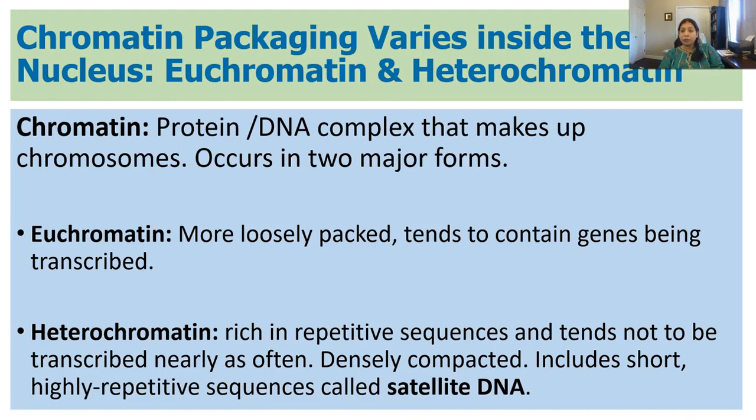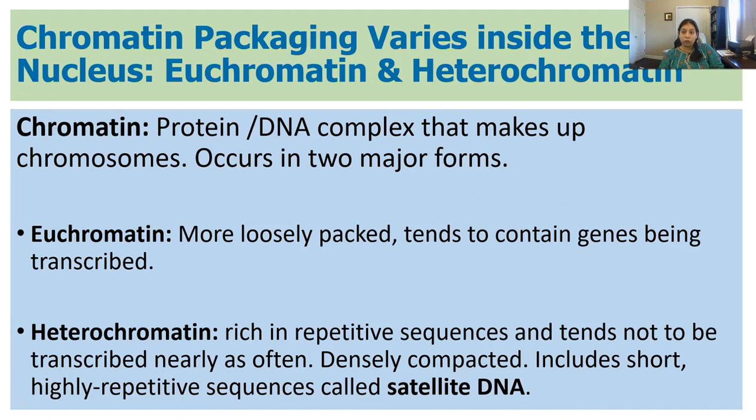There are 2 different types of chromatin depending on how it is compacted. The first is euchromatin, which is the more loosely packed chromatin. This is where you tend to have the genes that are being actively transcribed at that time, or housekeeping genes that are always going to be present, or genes that are related to the needs of the cell at that part of the cell cycle.